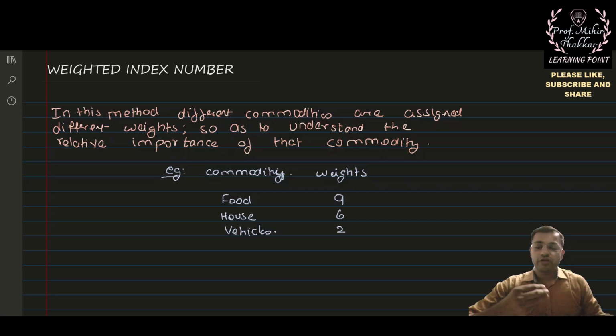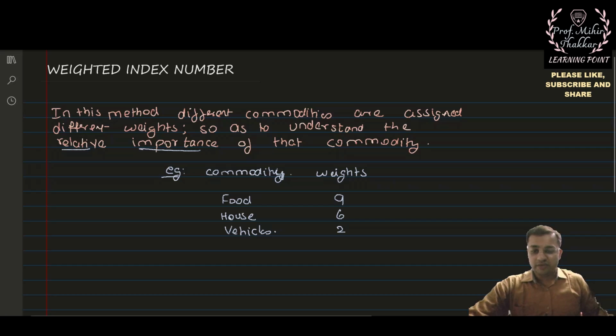So when you are talking about the ratings, probably you can talk about the rating of 3 star, 4 star, 4.5 star. या तो suppose if it is the best thing in the market, probably you can get a 5 star for that particular thing. So it is similar to the ratings that we are giving to the commodities, ki which is the most important, which is the least important. So weights are nothing but they are giving us the relative importance of those commodities that we are talking about.